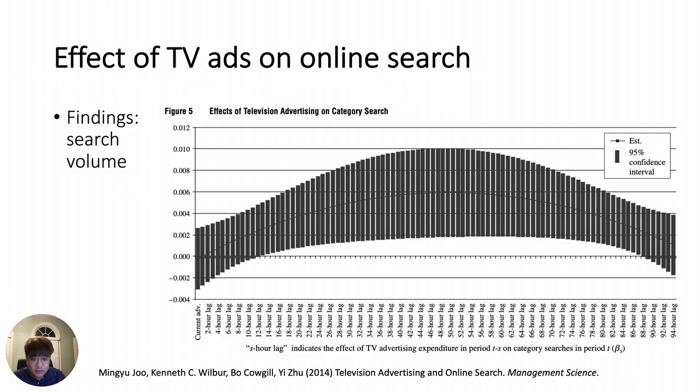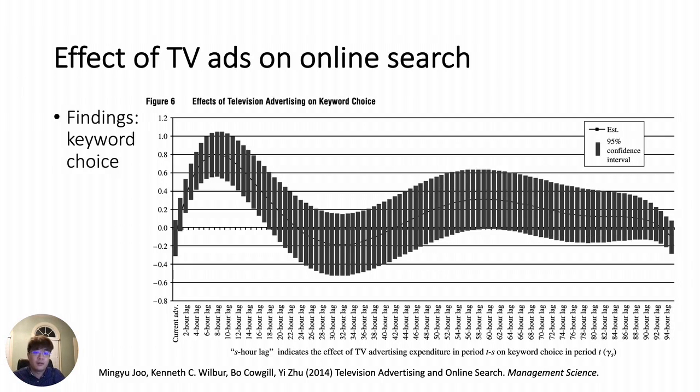A 1% increase in category advertising expenditures lifts the number of search queries by about 0.5% per hour over a period of about 3 days. This non-immediate, sustained, subtle effect may indicate that category advertising acts as a reminder for search.